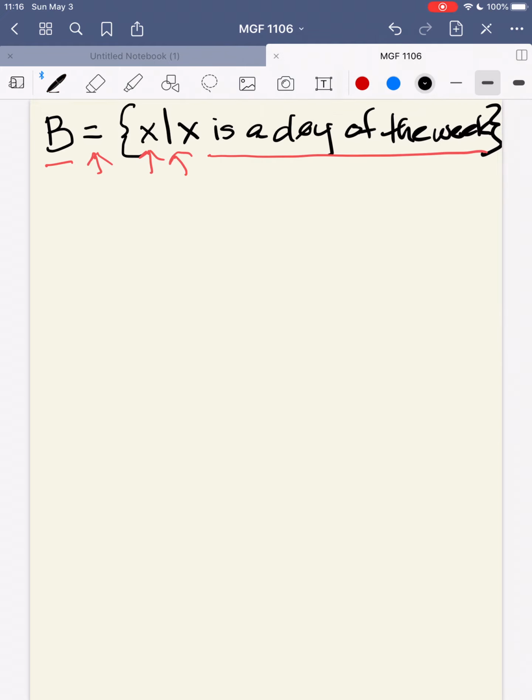That's how we describe sets. I could give you a set of elements and ask you for either a word description, roster method, or set builder notation.